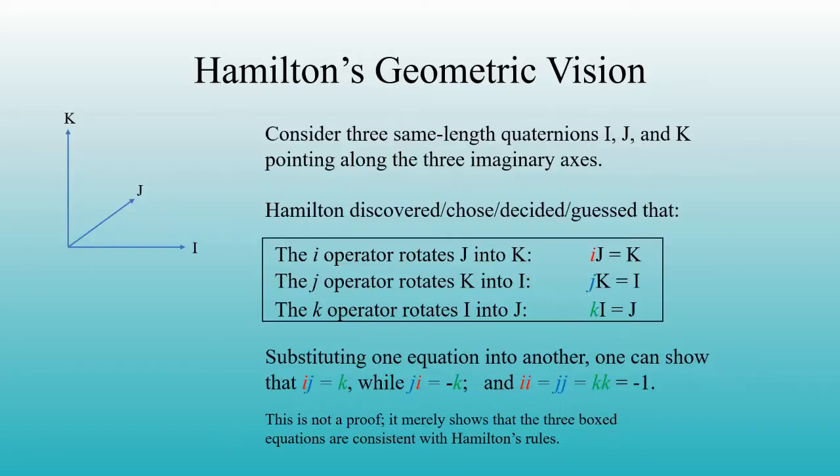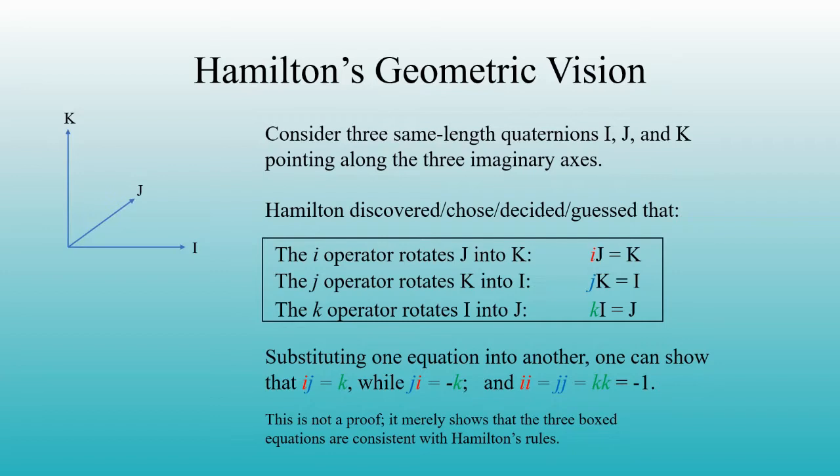Hamilton's geometric vision of his quaternions tended to consider the 3 imaginary axes separately from the real axis. This will be a recurring theme. Consider a 3D coordinate system, one in which all of the axes are imaginary, with unit vectors capital I, capital J, and capital K along each axis. Hamilton's geometric interpretation is that the rotation operator, lowercase i, rotates j into k, hence ij equals k in the box.